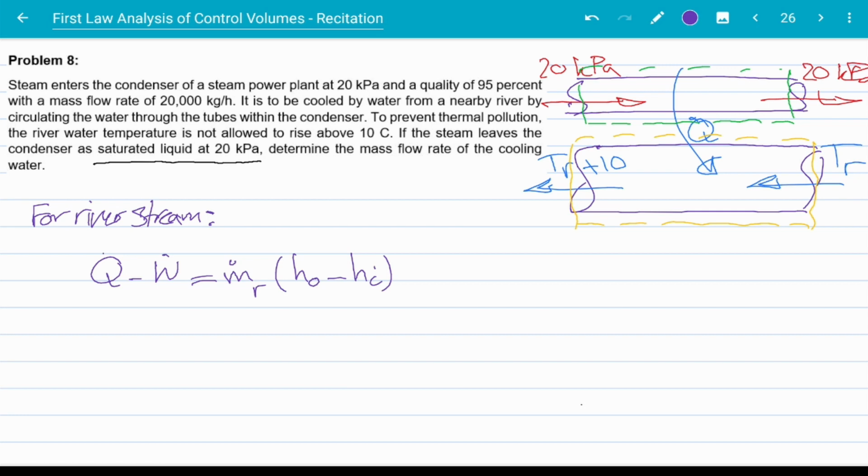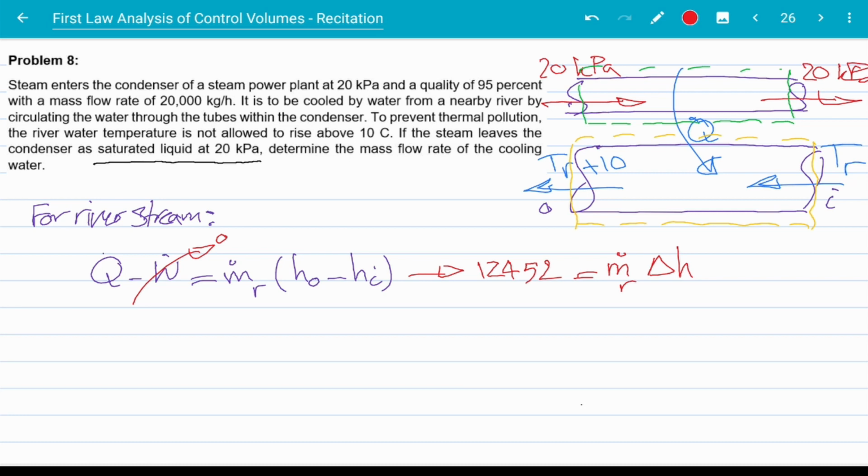So this is I of the river and this is O of the river. Just like steam, there is no work involved in the river, so W dot can be dropped. Now Q dot, as I said, all the heat that the steam is losing is gained by the river. 12,452 kilowatts is my unknown m dot of the river times delta enthalpy of river water.